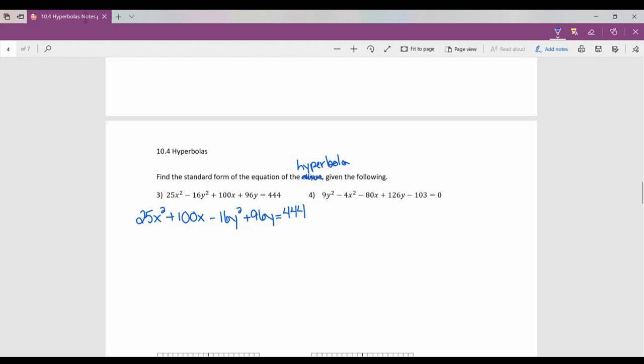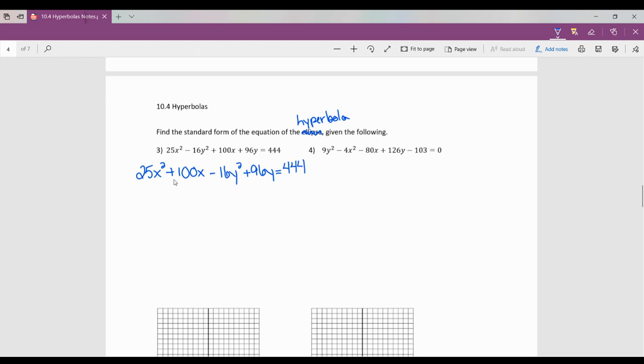Okay. So now what I want to do is complete the square. But remember, for completing the square, if I have a leading coefficient in front, I need to factor that out first. So same idea with this.